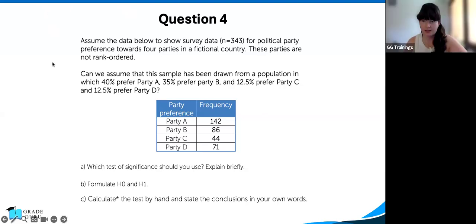Okay, I have one done. Anybody else done? Need more time? A bit more time. Okay. I'll give you a minute or two and then we'll go through.